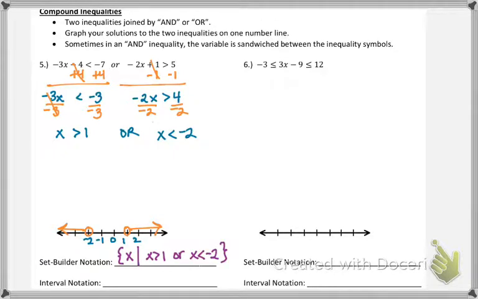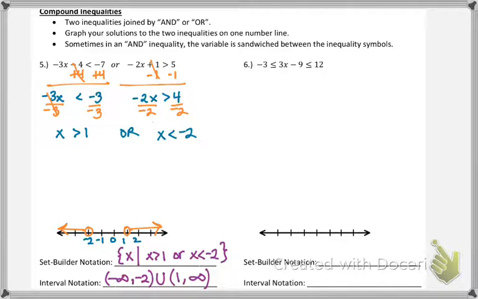In interval notation, we say x could range from negative infinity to negative 2, not including either, or x could range from 1 to infinity, not including either.